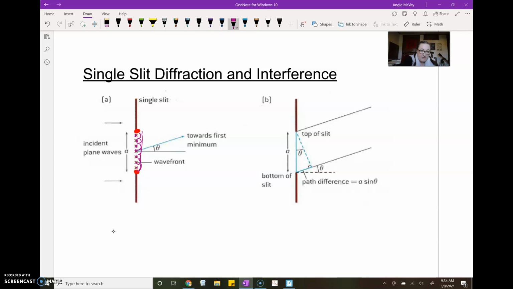But at the edge, there's nothing on the top or the bottom to cancel them out or smooth out the little wavelets. And so that's why on the edges, you get these circular looking disturbances, which seem as though the edges of the single slit act as point sources.